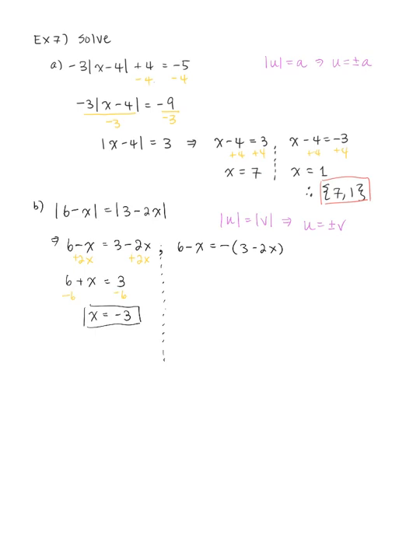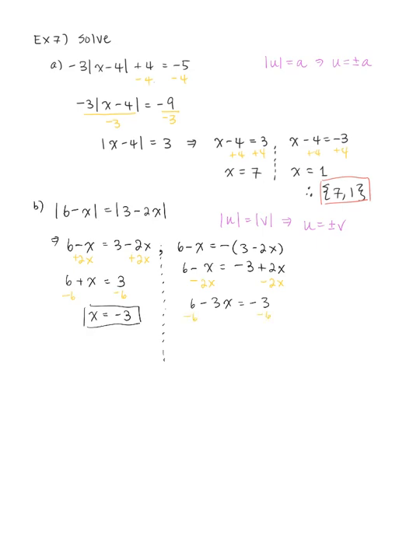Okay, so now let's go with the right hand side of the equation. You're going to have 6 minus x equals negative 3 plus 2x. All right, so then what should we do? Minus 2x, then here you're going to have 6 minus 3x equals negative 3. And let's subtract 6.